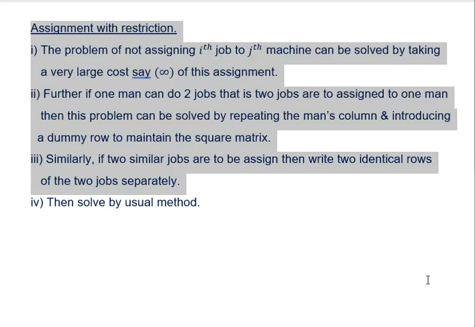So in this way, different situations can be handled. Then solve these problems with the usual method.